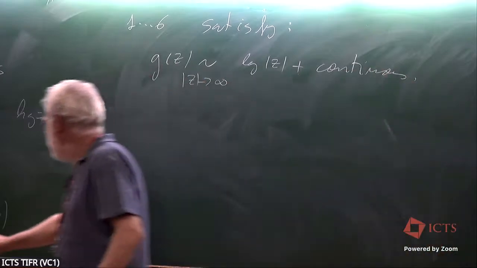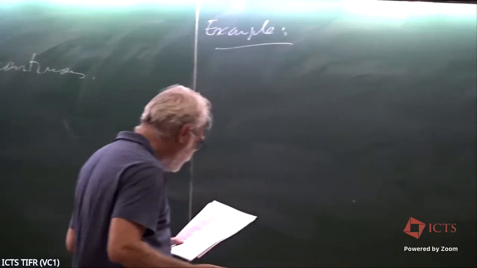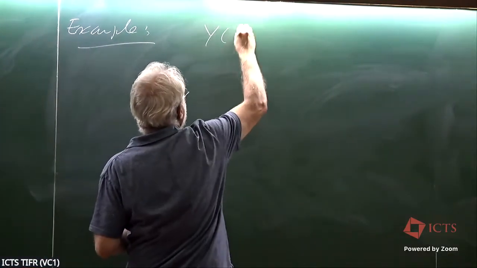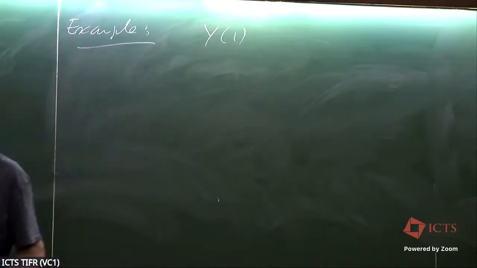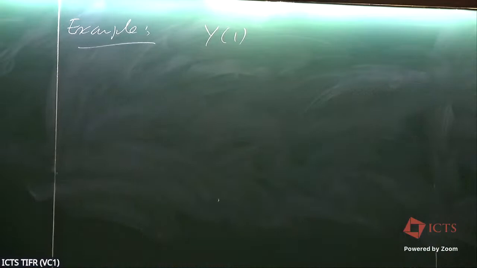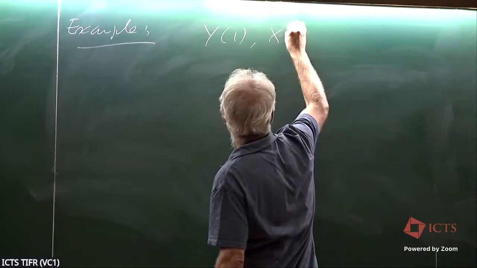So let me introduce you to example number 7 that also falls in this category. So I look at Y1, the modular curve of level 1, that already appeared, Yn appears in the talk by Fabian Pazuki. Here the only problem is that Y1 is not a true curve, but it's an orbifold. But if I forget the orbifold structure, it is P1, or maybe X1 will be P1.